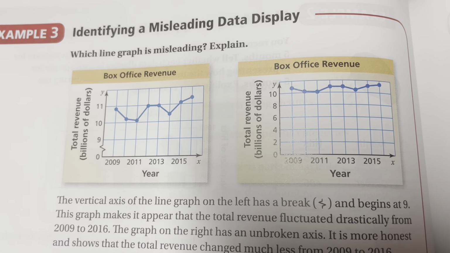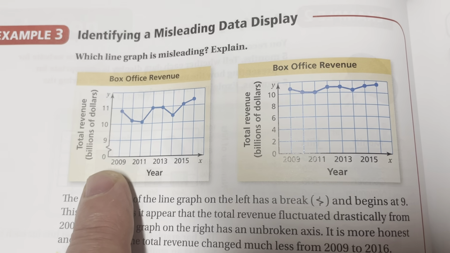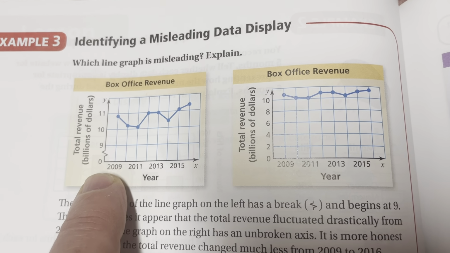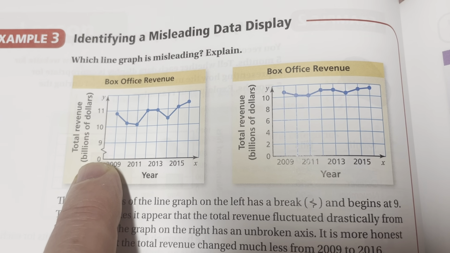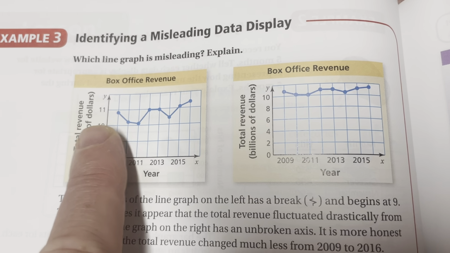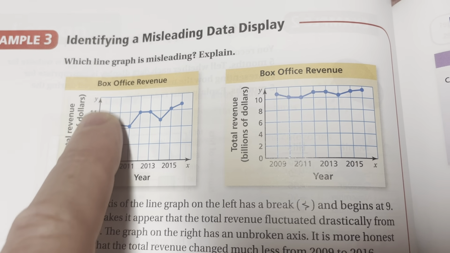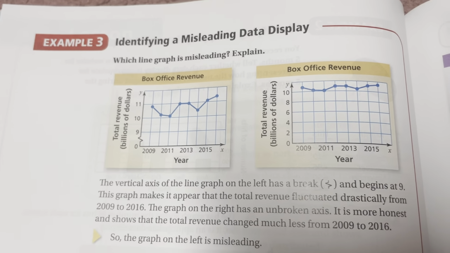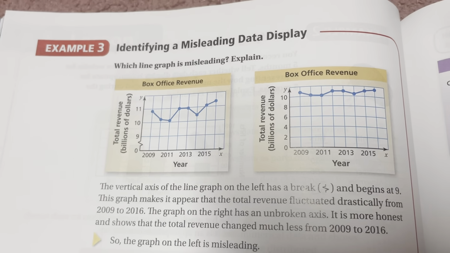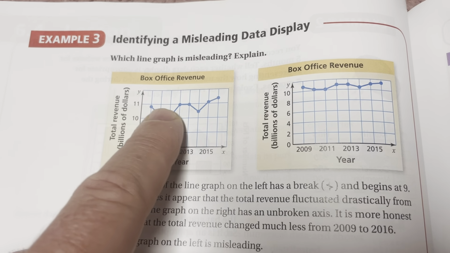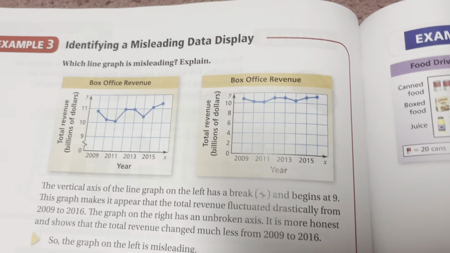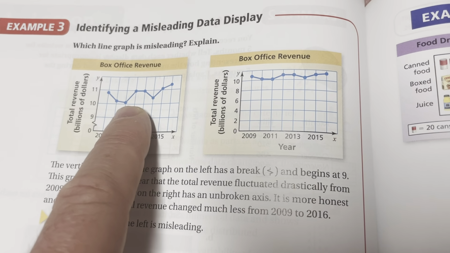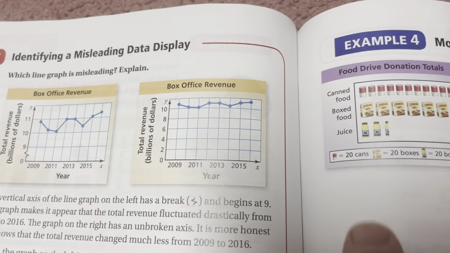The one that would actually be misleading would be this one right here to the left, because this is what we call a broken graph, where it starts at 0 and then it just goes up to 9, 10, 11, and the intervals are not the same. It skips from 0 to 9. Sometimes that's appropriate, depending on the situation, when you want to see high numbers, but it could be misleading because it might give the impression that this is not as high, that it's only part way up.